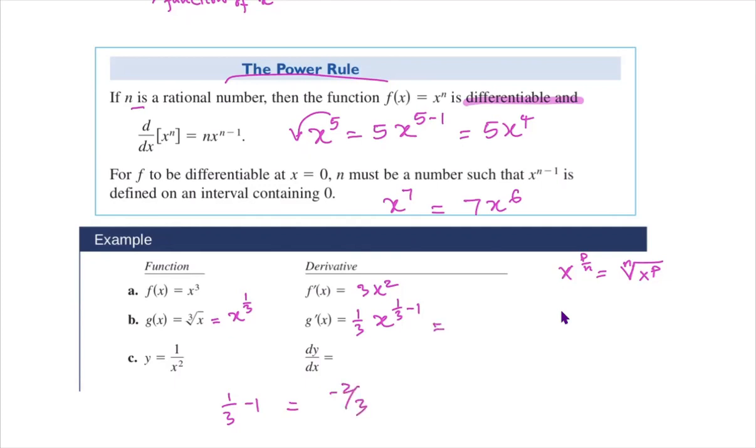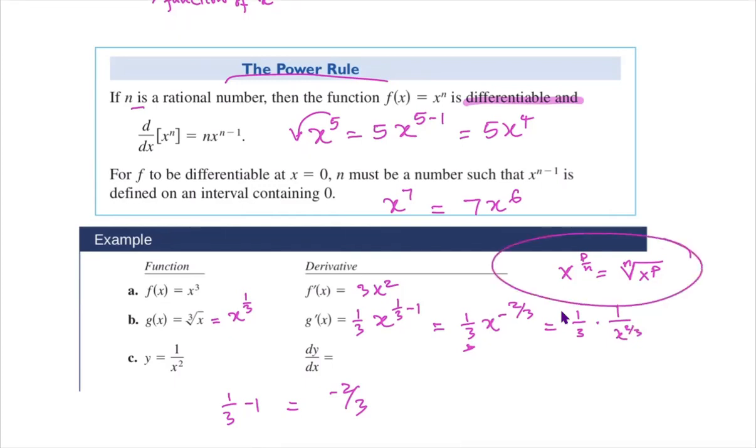So that equals 1/3 x to the power negative 2/3. A negative exponent is a fraction, just 1 over the thing with a positive exponent. This is going to be 1 over 3 times 1 over x to the power 2/3.